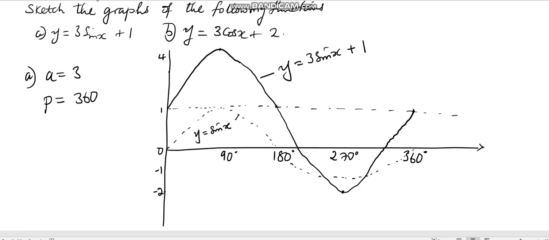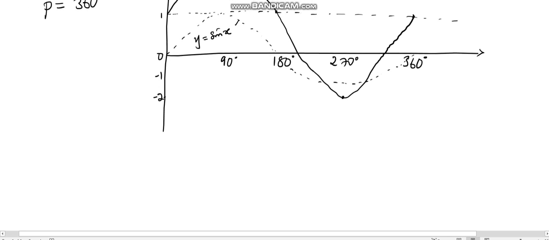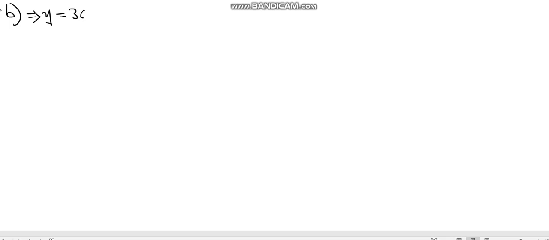So the next question that we have is we need to graph y equal to 3 cos x plus 2 here. So let's just scroll down a bit. Okay, so our b there, we have y is equal to 3 cos x plus 2 there.